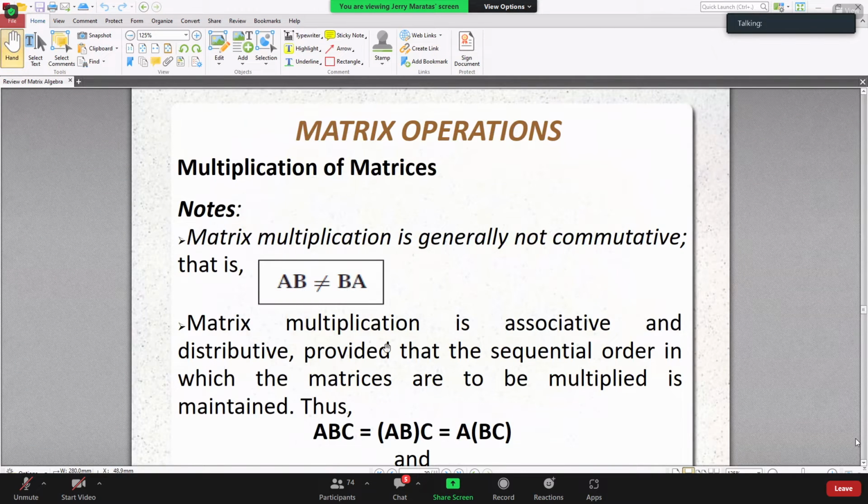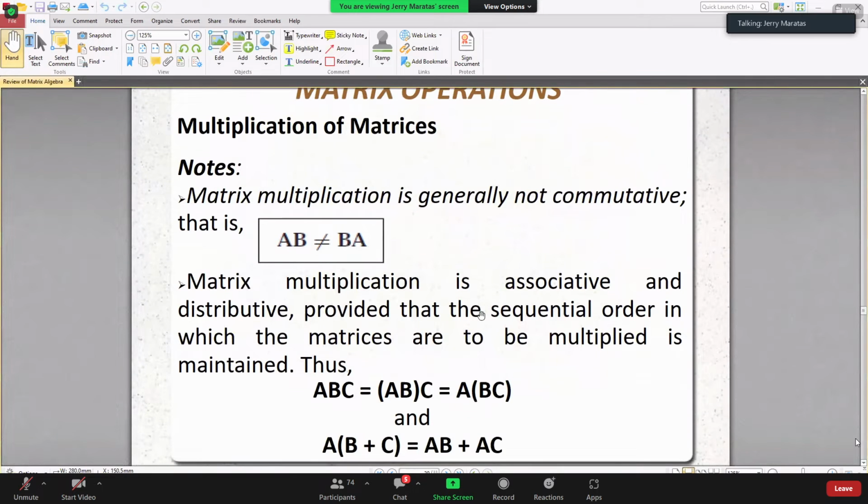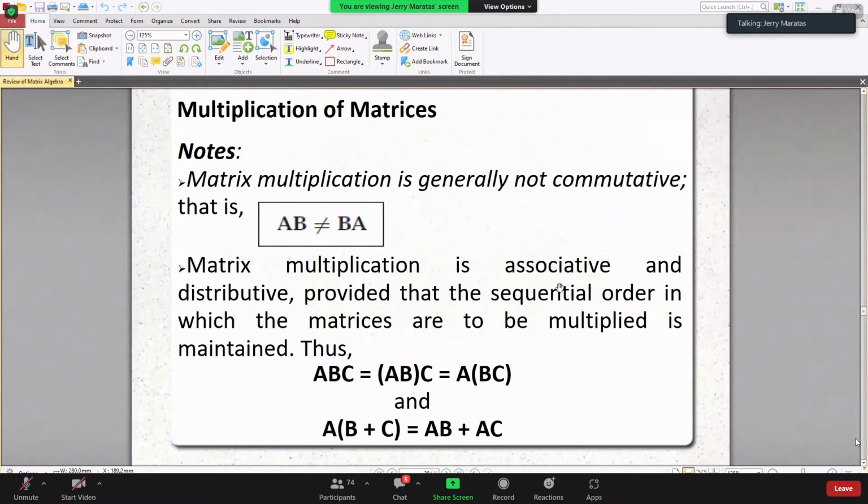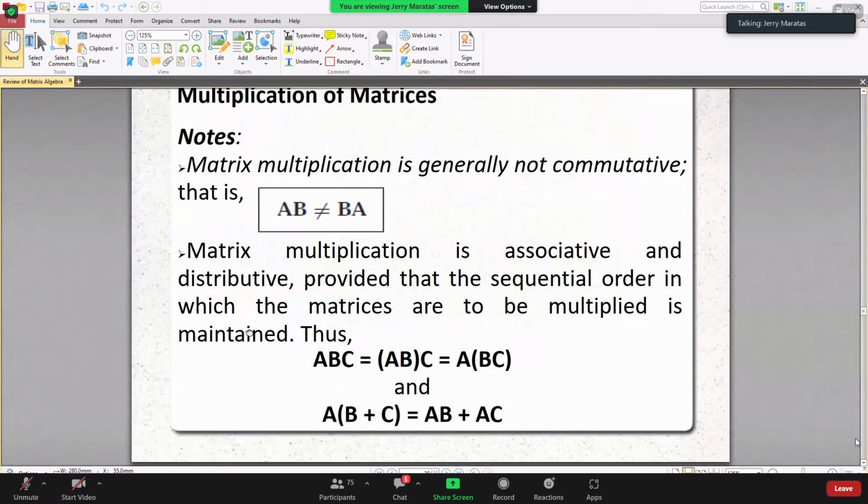Matrix multiplication is associative and distributive, just like algebra, provided that the sequential order in which the matrices are to be multiplied is maintained. So if it is A and B, you cannot switch to B and A.